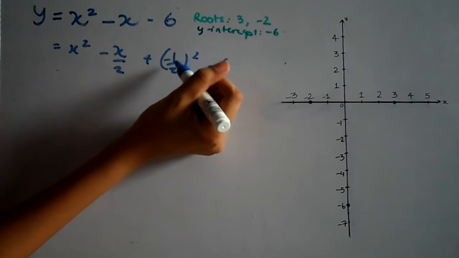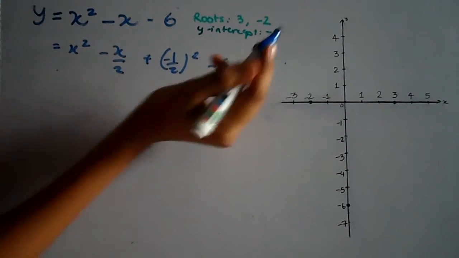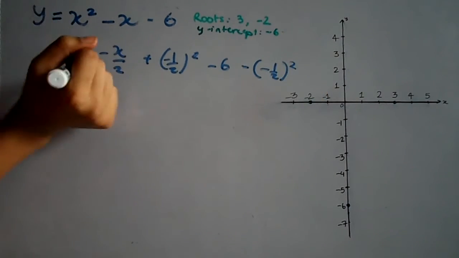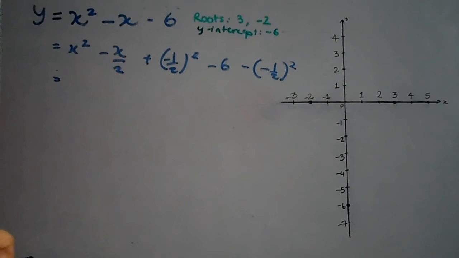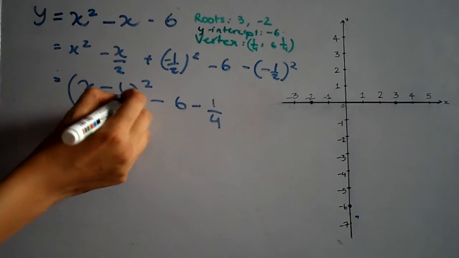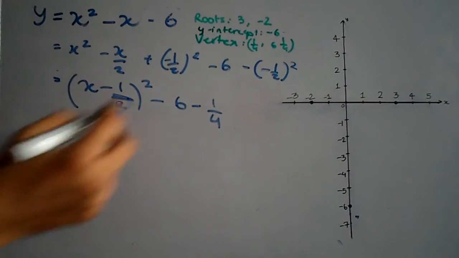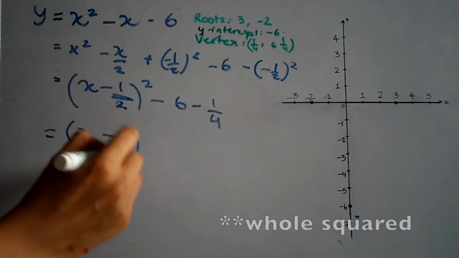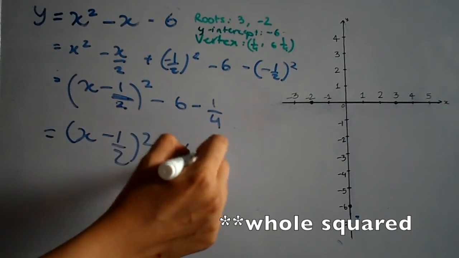Since we've added -1/2 squared, we will have to subtract it here because we need to balance the equation. The value should remain the same, we're just adding and subtracting here and there. So it's half because I'm squaring it. You have to take the same number and put it here. So it's x minus half, squared, minus 6 1/4.